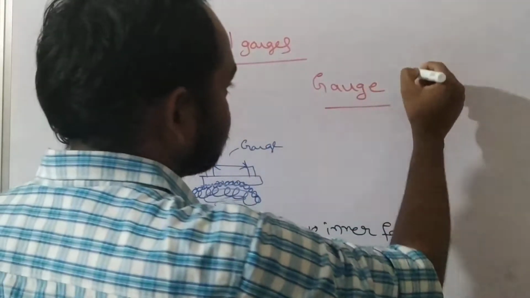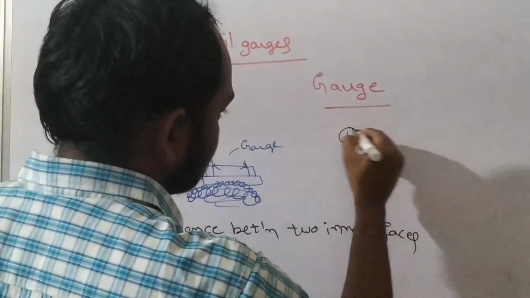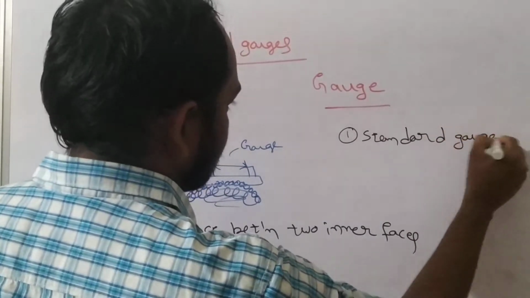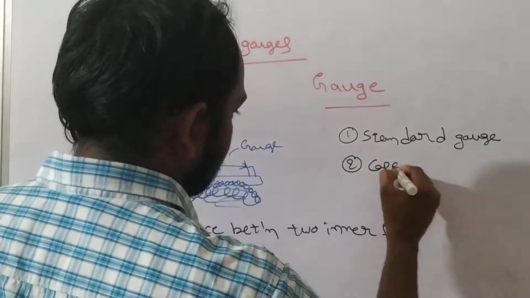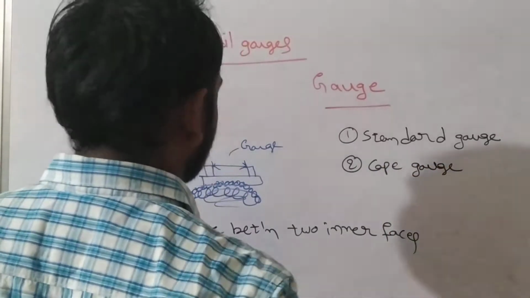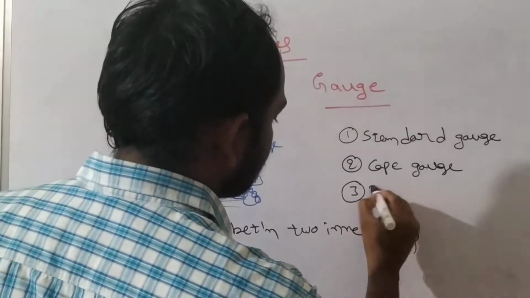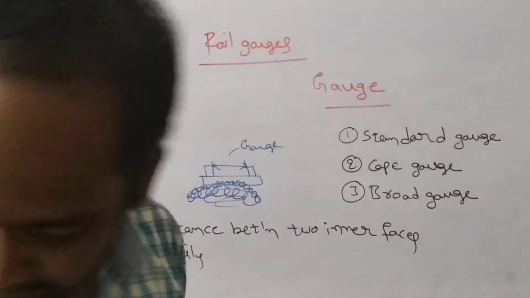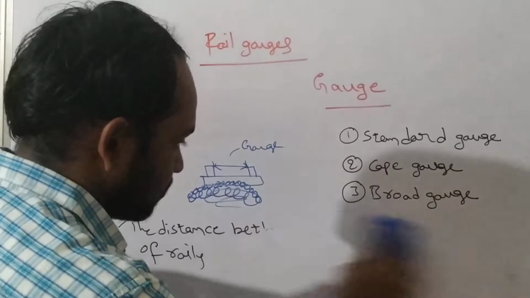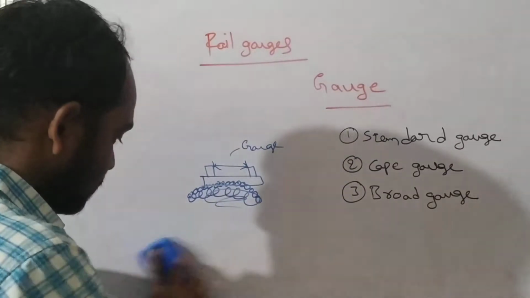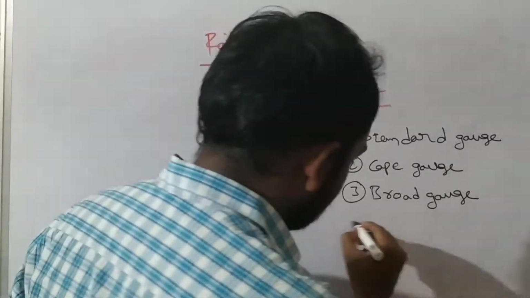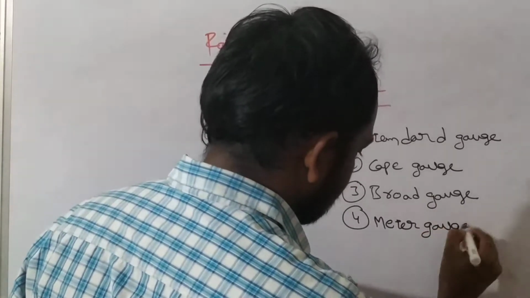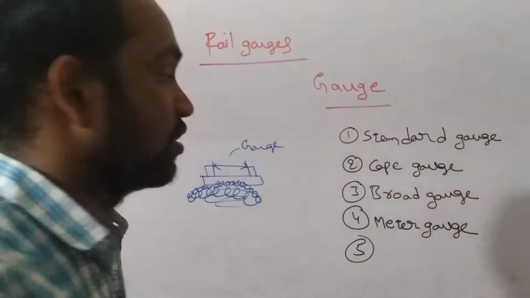They are standard gauge, Cape gauge, broad gauge, meter gauge, and narrow gauge.